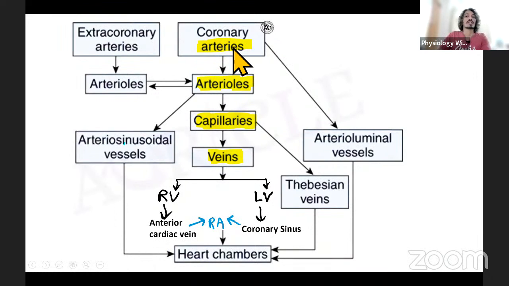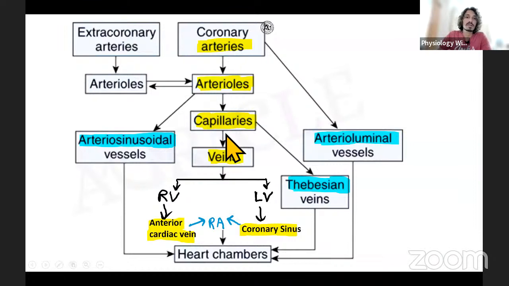Apart from that, there are other systems where from your arterioles, it can directly connect to heart chambers through certain sinusoidal vessels, which are arteriosinusoidal vessels. There are ones which connect from the coronary artery directly to the heart chambers, that is arterioluminal vessels.